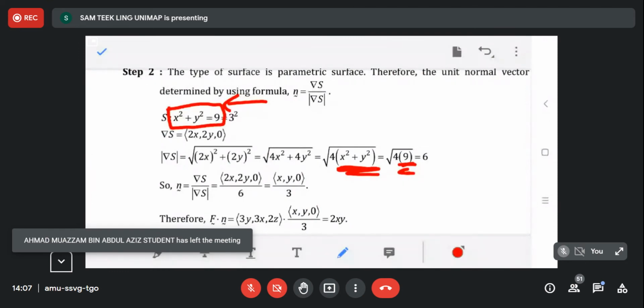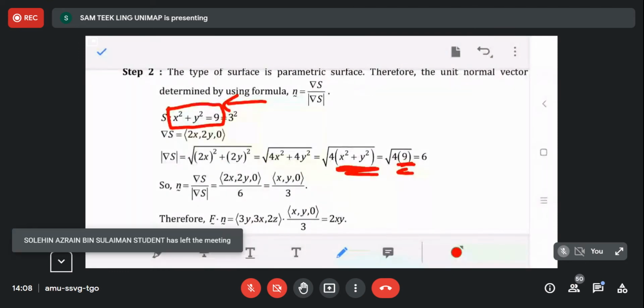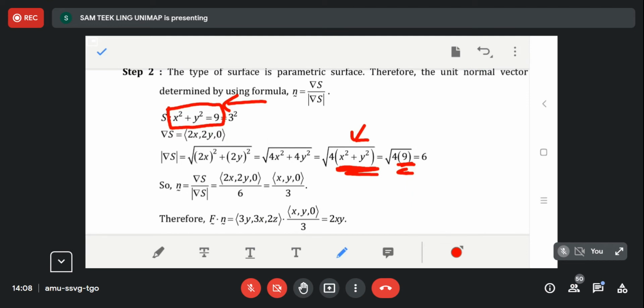So you replace by 9. This one doesn't leave in variable, replace by value. So your magnitude, you got 6.